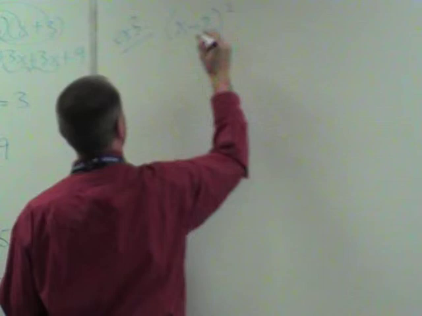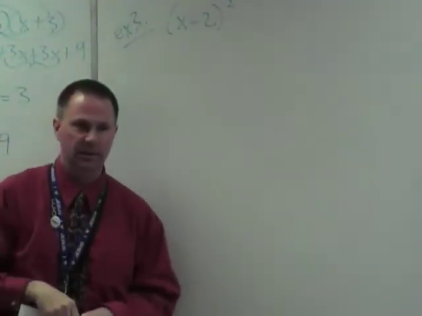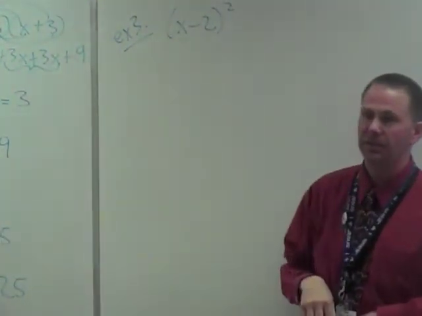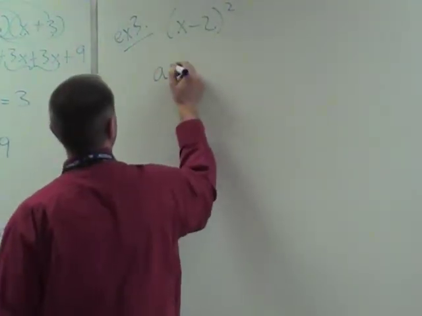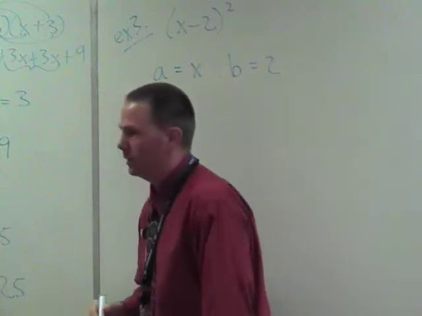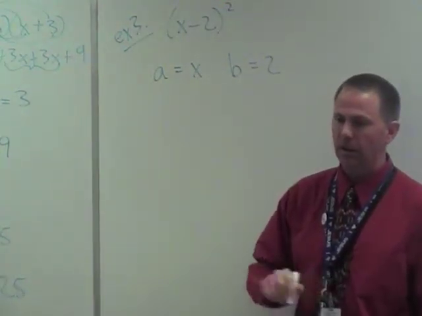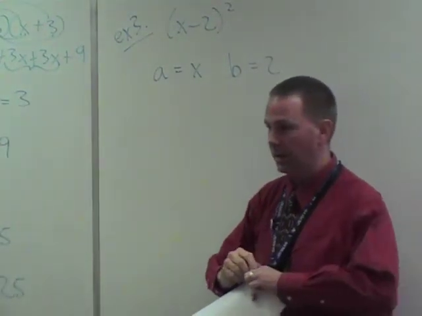Now it's a minus sign. X minus 2 times x minus 2. Follow the formula. It's a position. Watch. I want to make sure you don't do a negative here. A is x and B is 2. Okay? Now follow the formula. A squared is?